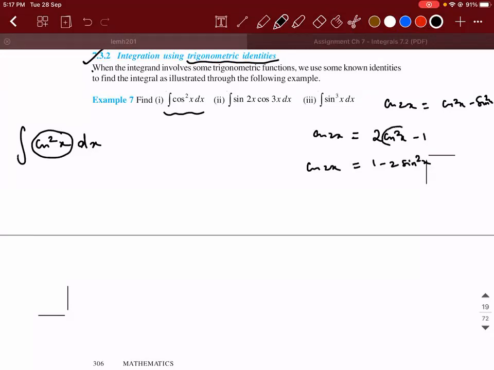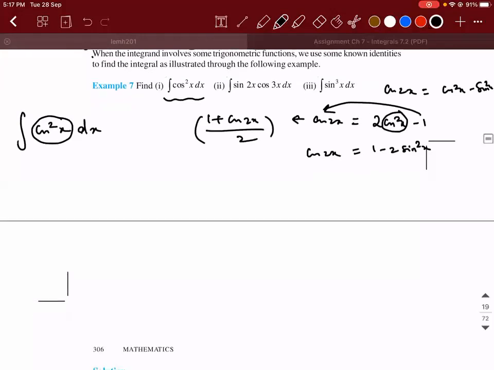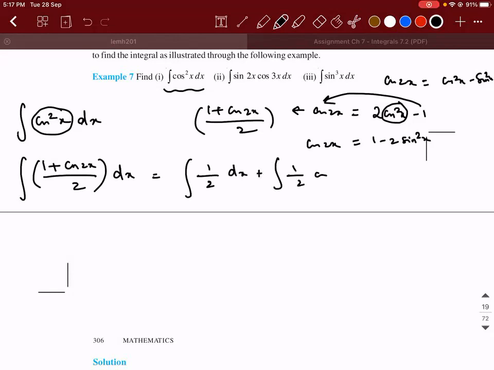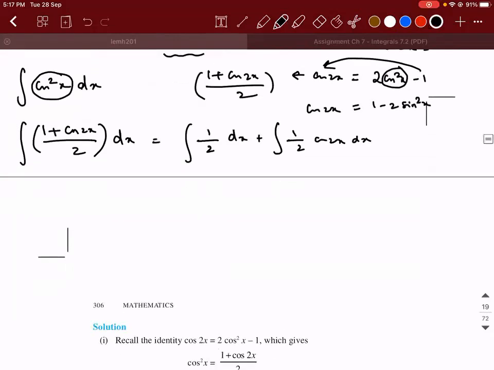So cos square x, I can write it as 1 plus cos 2x the whole divided by 2. So integral of 1 plus cos 2x the whole divided by 2 times dx is equal to integral of half dx plus integral of 1 by 2 into cos 2x dx.